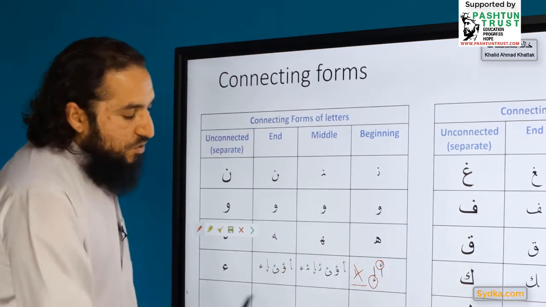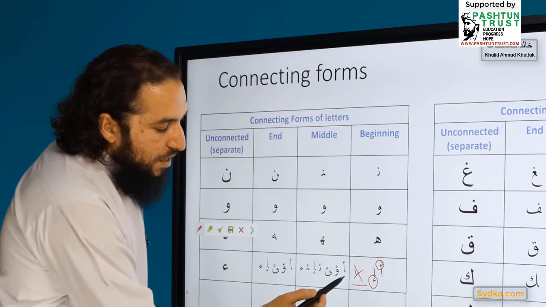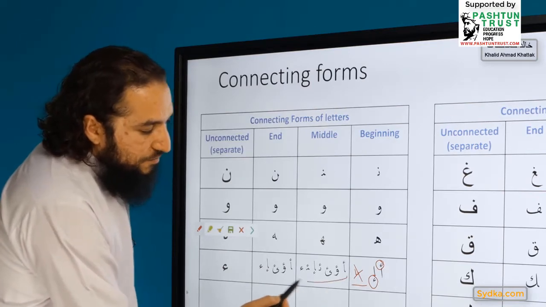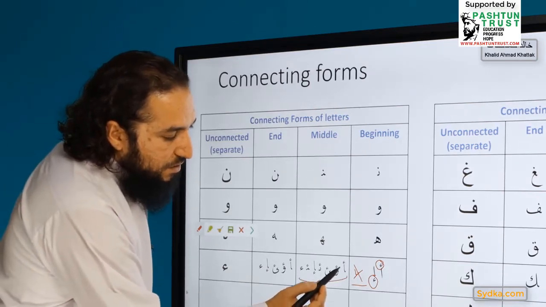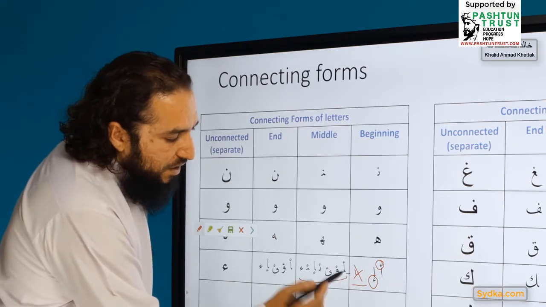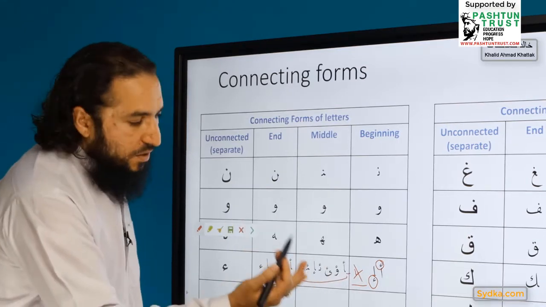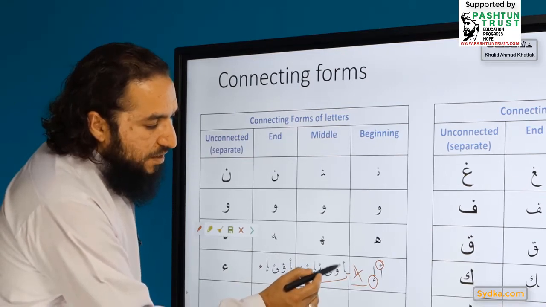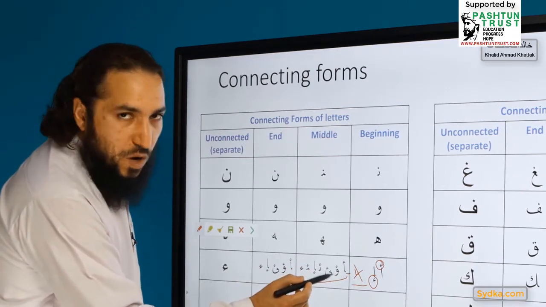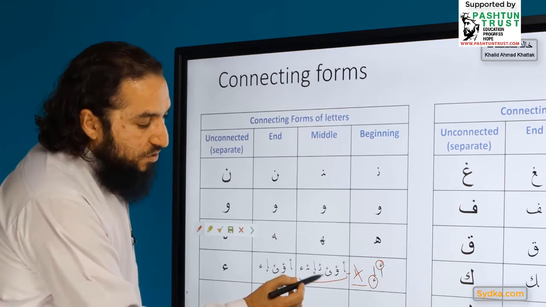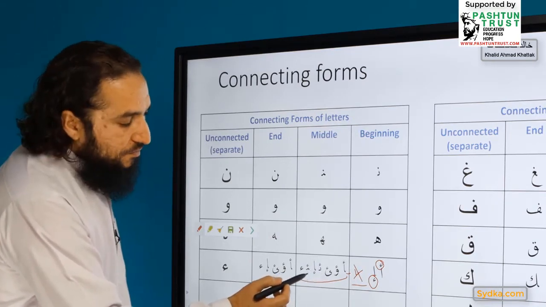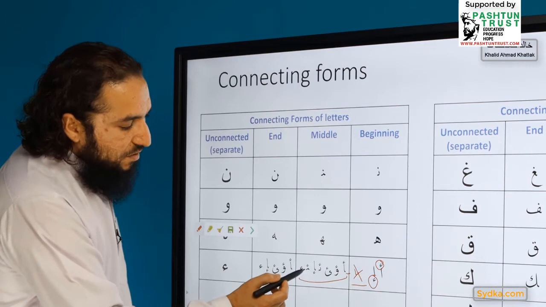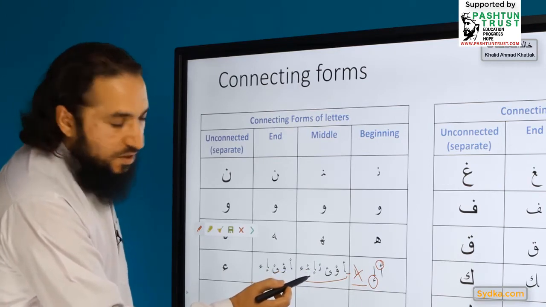If it comes in the middle, it uses chairs as well. In this case, you can connect other letters before it, and it uses alif as a chair here. It uses waw as a chair here, and it uses ya as a chair here, and you can see this one is underneath as well.